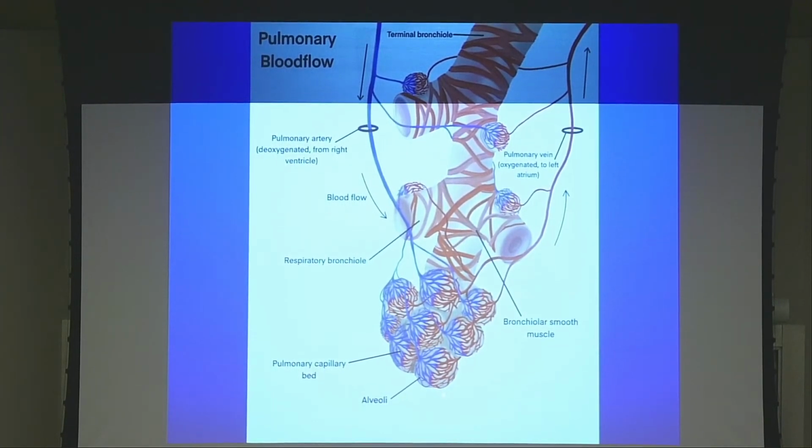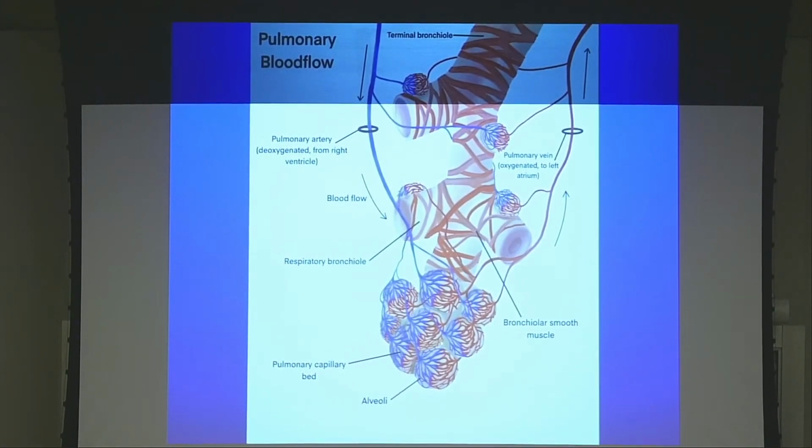And then these capillaries, as they course over the alveolus, will then receive oxygen, and this is demonstrated here by turning from blue to red, demonstrating how we're oxygenating the blood in the pulmonary capillaries as it crosses the alveolus, and then is gathered by blood vessels to take this back through the pulmonary veins back to the left side of the heart. But this is showing the site of oxygenation.